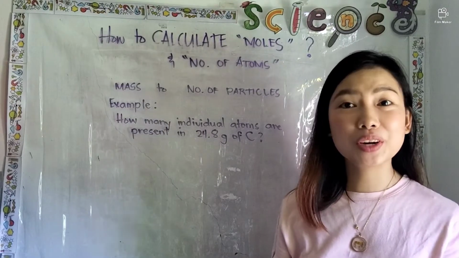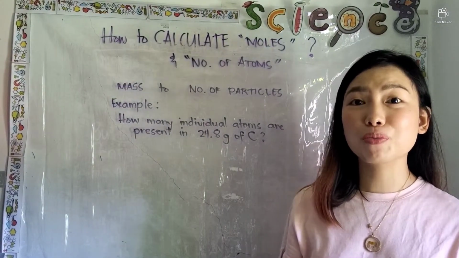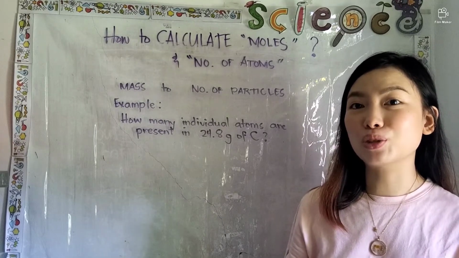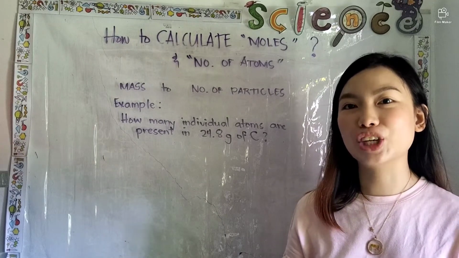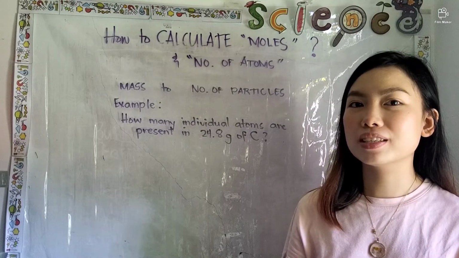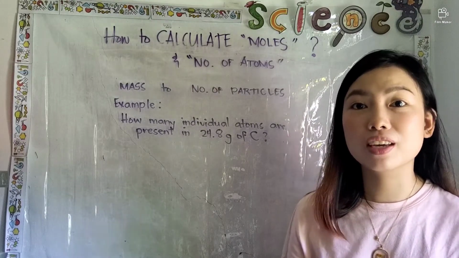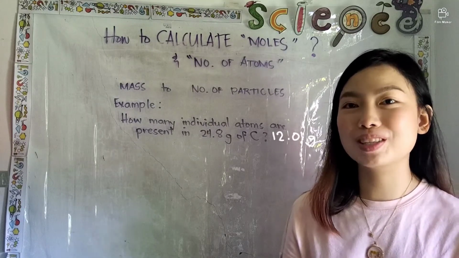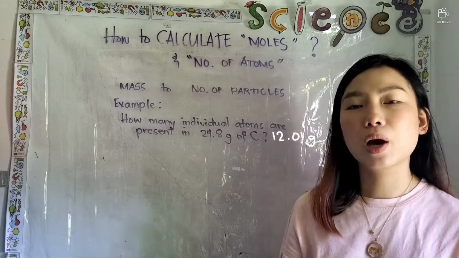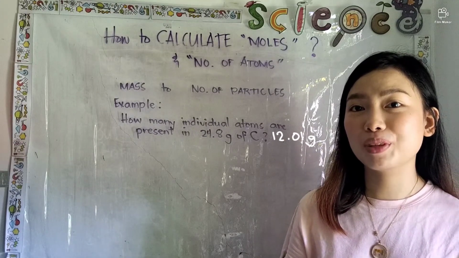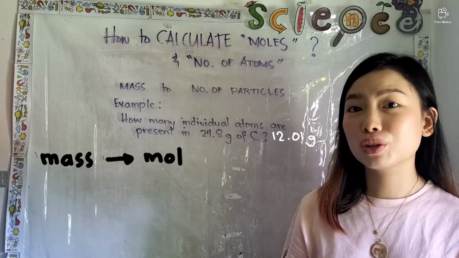Okay, so this is now our example for mass to number of particles. How many individual atoms are present in 24.8 grams of carbon? Again, carbon is still the element used in the question, so the value of mass will still be 12.01 grams. Now, to convert the mass to number of particles, unahin muna natin si mass to mole.